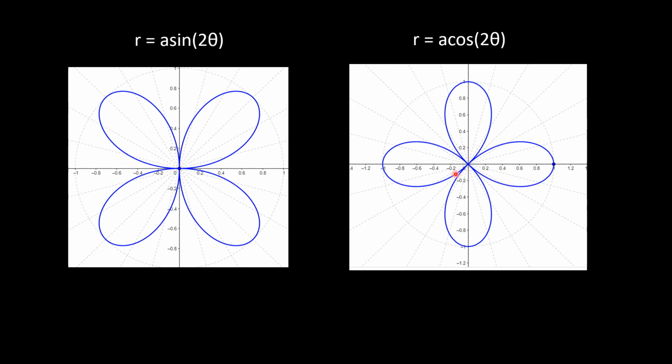So again, there is symmetry with respect to 0 degrees, 90 degrees, or 270 degrees. Now we refer to this as 4-leaved roses or 4-leaf roses.